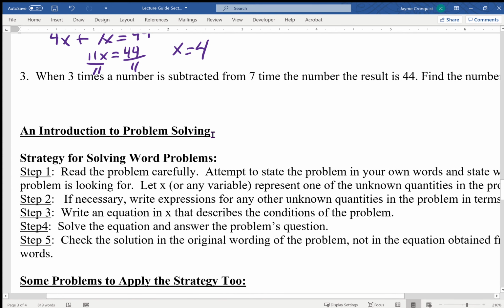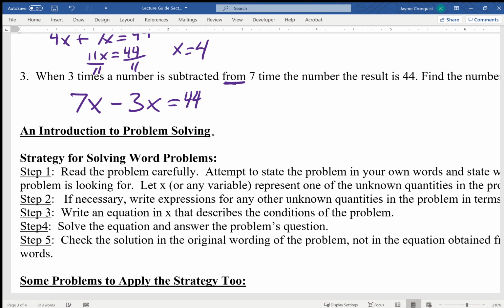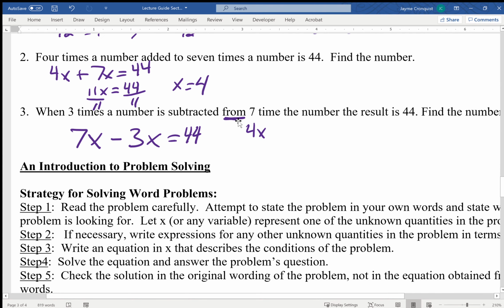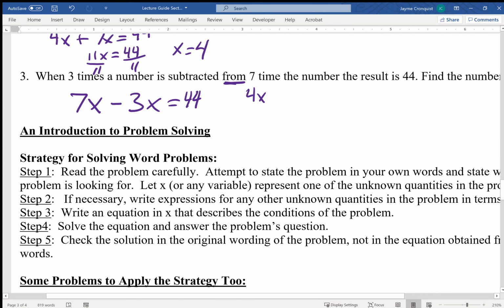When 3 times a number is subtracted from, which means 7 times the number comes first, subtracted from 3 times a number, the result is 44. Okay, I do this, I have 4x. All right, I have 4x equals 44. Divide both sides by 4, I get x is 11.